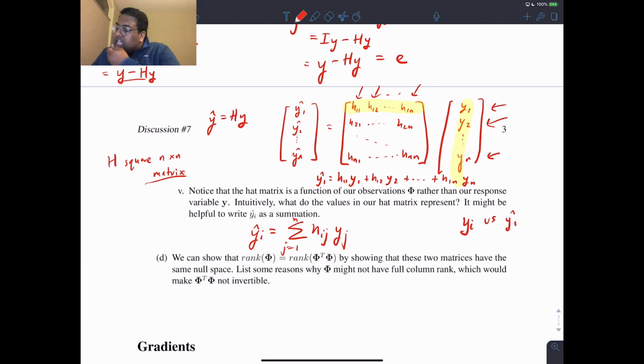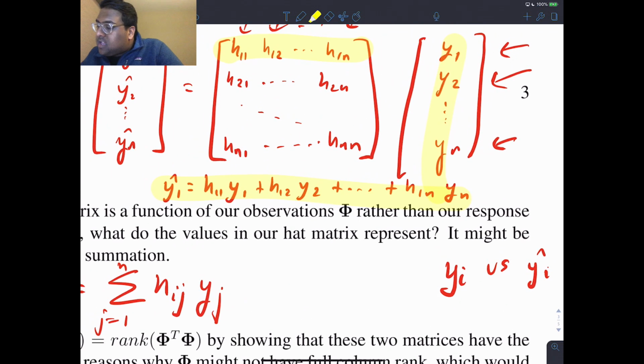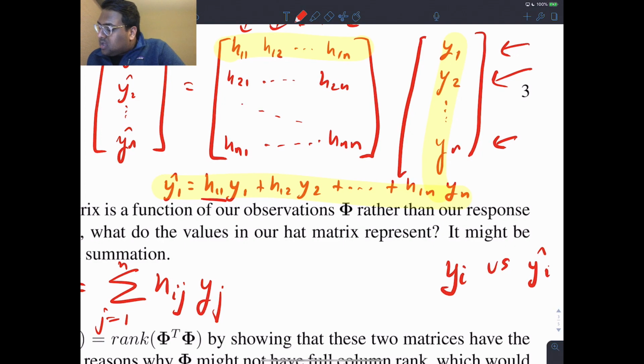And so in each of these summations, one of those terms is more significant than the others, and it's the terms on the diagonal, right? And we can observe that when I look at the summation for y hat 1, right? The thing that we're multiplying y1 by in the summation is h11, right?